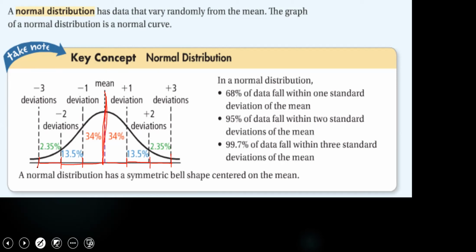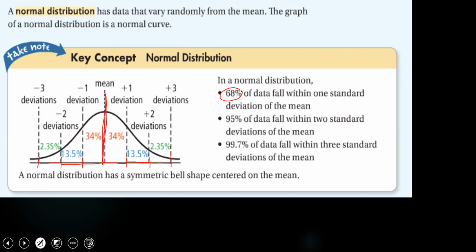Now, after they draw it, they put a fixed number for the probability. They told me that 34% is 1 standard deviation from the right, and 1 standard deviation from the left. So when you add 34 plus 34, you find that it is 68%.